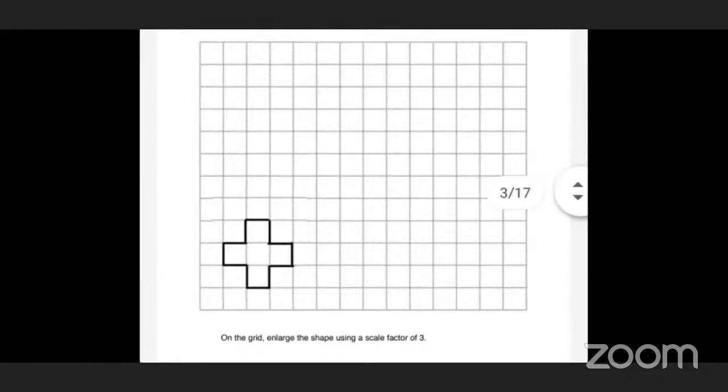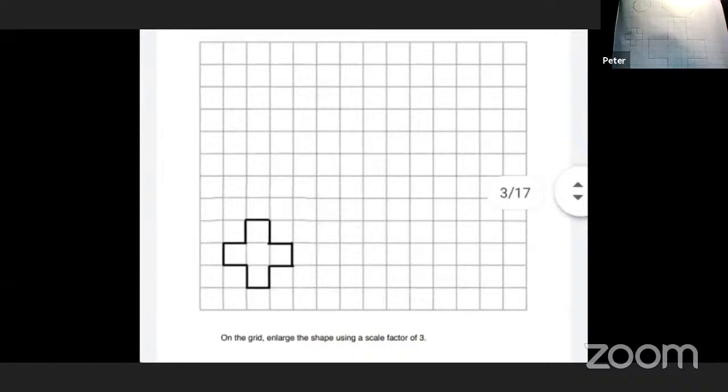Not good. Enlargement. Everybody seeing this?